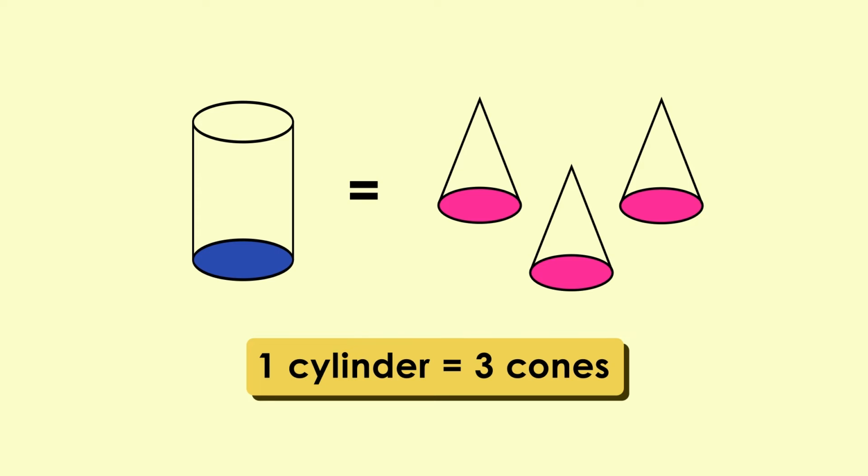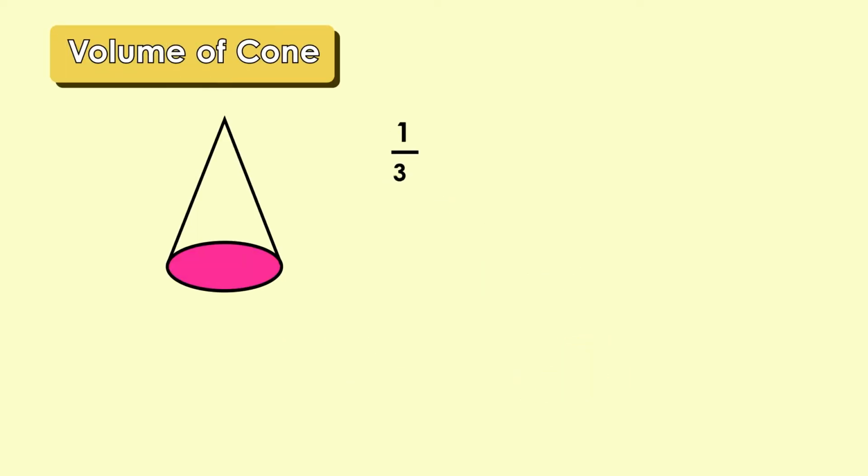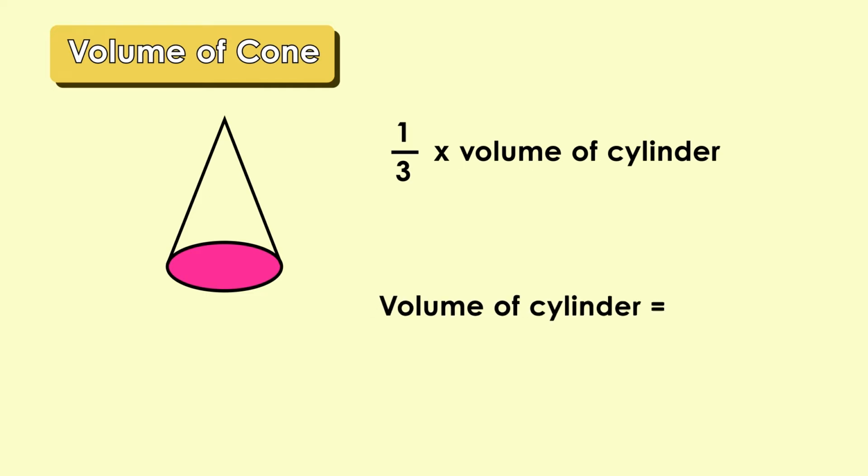To find the volume of cone, we use 1/3 multiplied by the volume of the cylinder. We have just learned that the volume of the cylinder is pi r square h.